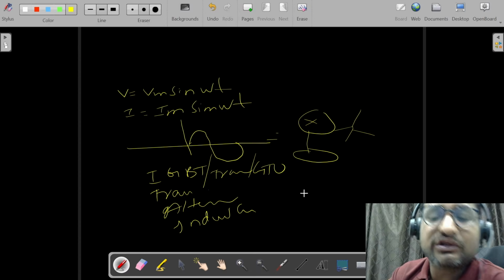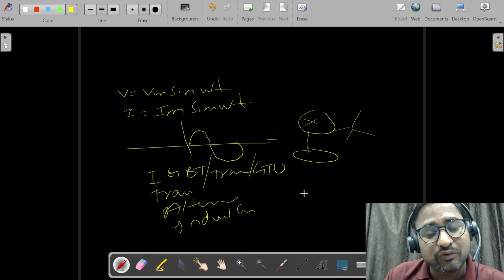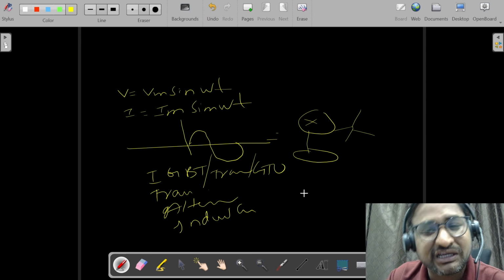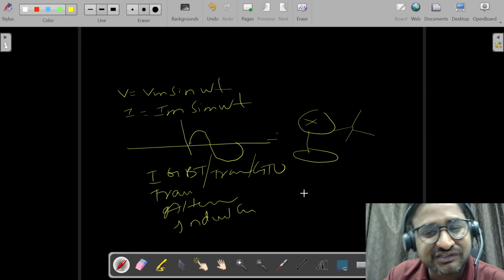It means that when we use non-linear loads or switching elements, or else during transients, harmonics are produced.